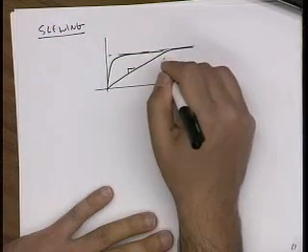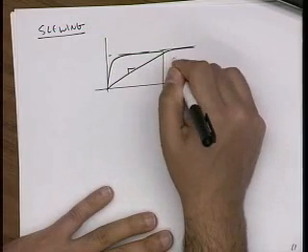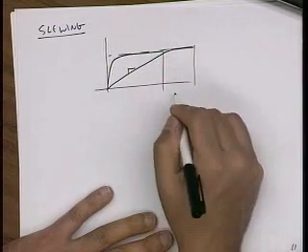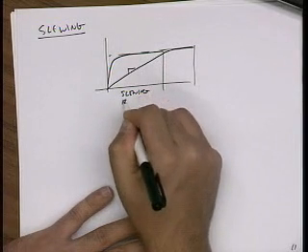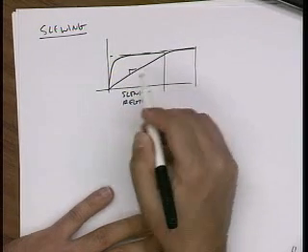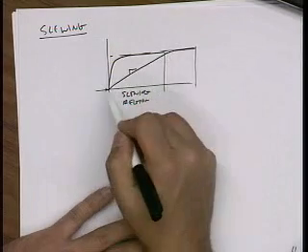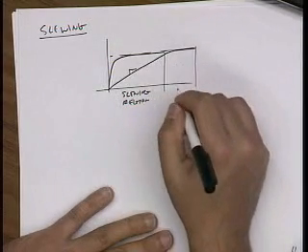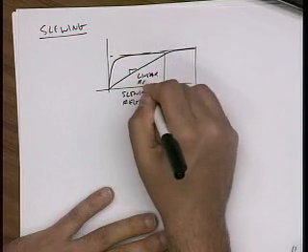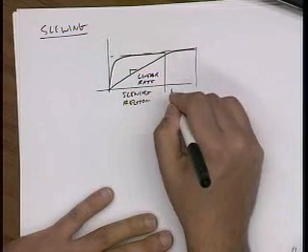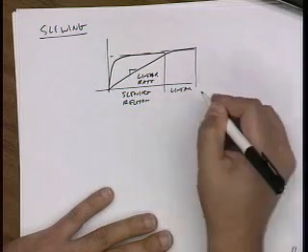So my actual settling time, I can break down into two regions. I can break it down into a slewing region, where it just goes at a constant rate, so this is a linear rate, and then I have my basically linear settling region.